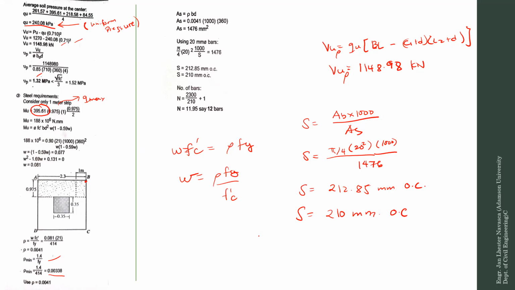And to determine the number of bars, just simply divide the total length to the spacing plus 1. Since hindi natin nakakount yung unang reinforcement. So therefore, that is 2,300 divided by 210 plus 1.